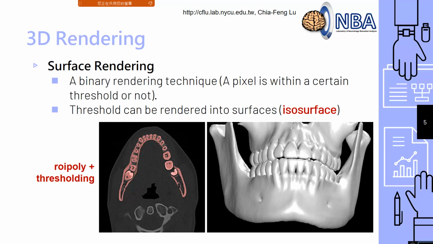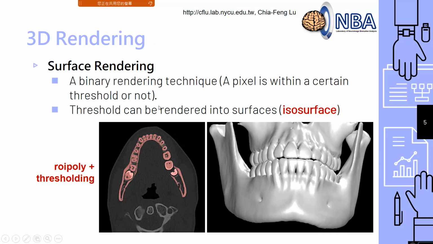But for other regions, for example, the muscle or even the spinal column right here, it's only the grayscale image right here. That means they are the irrelevant area or they are the background, okay? So this is something we call the binary, 1 or 0, binary rendering technique right here, okay?